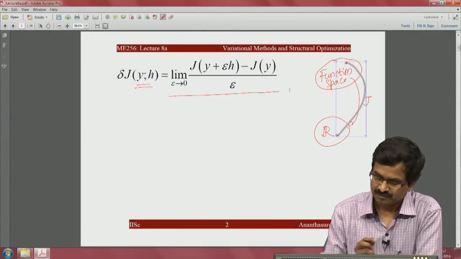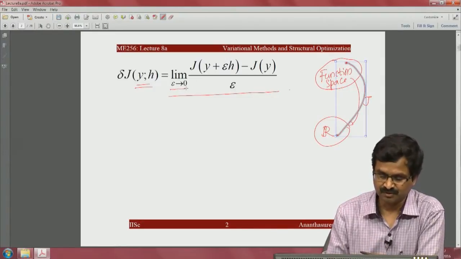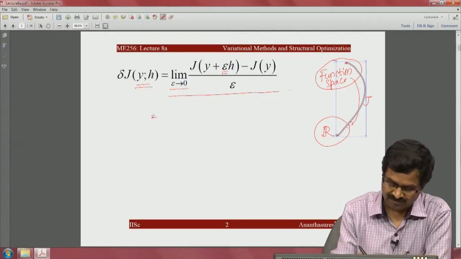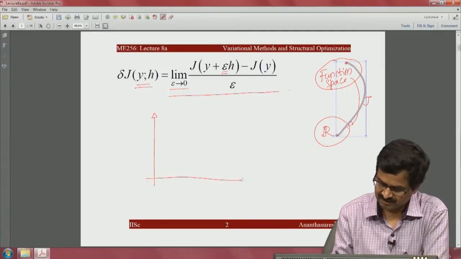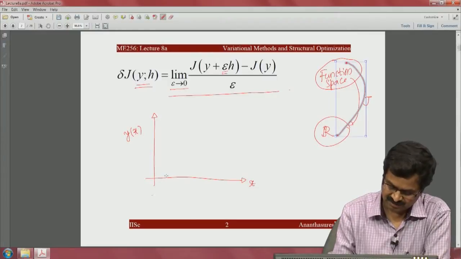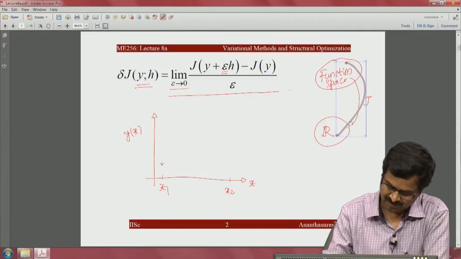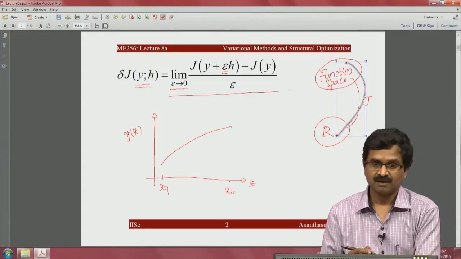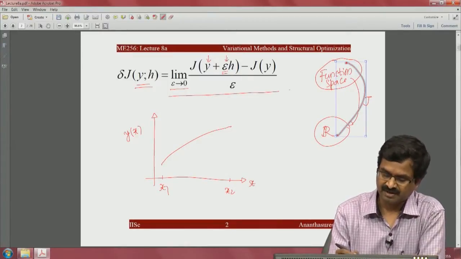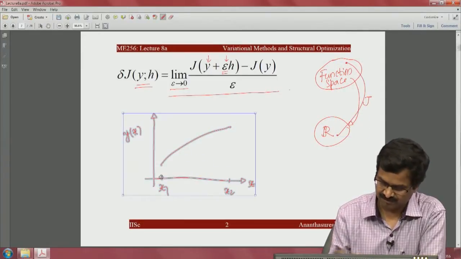How is it defined? It is a limit as epsilon tends to 0, and that epsilon appears here. So, we have taken y of x, and if I were to plot it, let us say this is x and I am plotting y of x from some limits x1 to x2. If I have a function like that, I have y of x, but I am adding something, adding h of x. Let us say I define h of x in some particular manner.